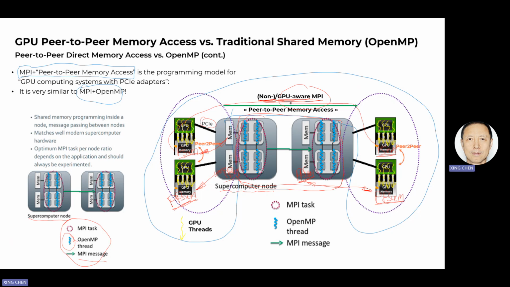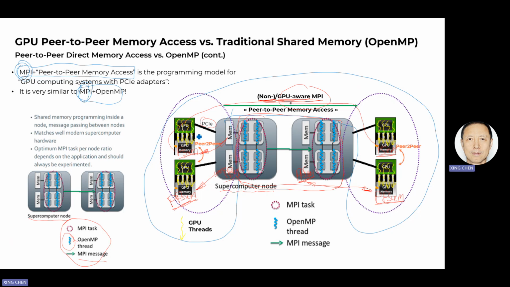Right now, for the moment, the MPI here is the same thing, MPI. If you are using non-GPU aware or GPU aware, basically you are using the same MPI library for your system.